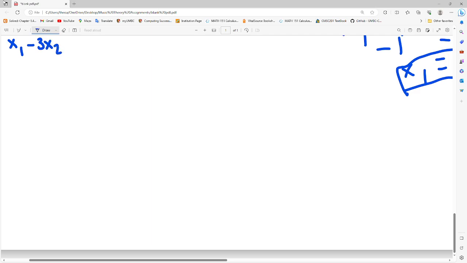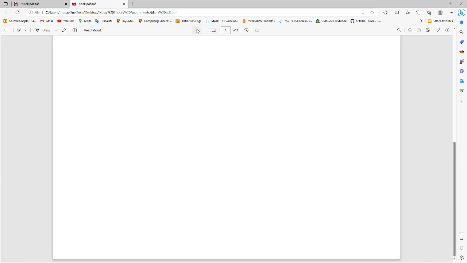So I'm actually going to do a new page for this problem because it's big enough to where it warrants a new page. This is going to be one of the most important parts of linear algebra, so I'm going to do my best to kind of teach it well.